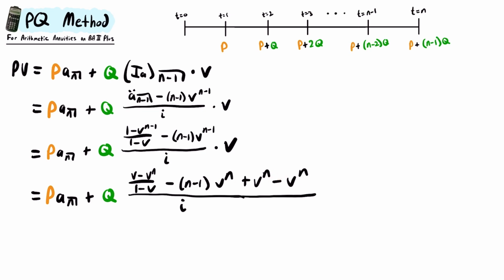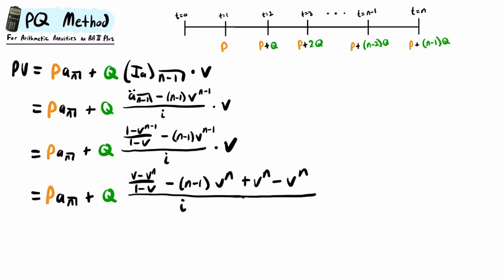And you might think at first that that seems illegal, but it's not, because v to the power of n minus v to the power of n is 0. So even though we're adding terms to the numerator here, we're not really changing the value because these two terms combine to be 0. It's okay that we do that. You can add 0 to something and it doesn't change the value of that thing you're adding 0 to.